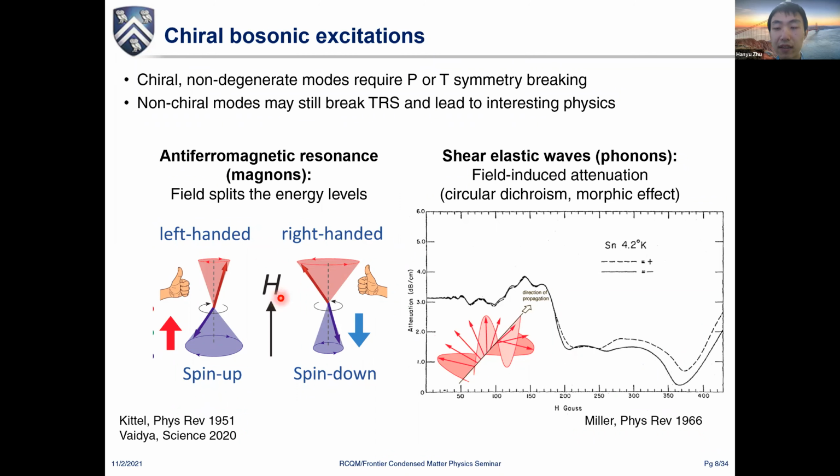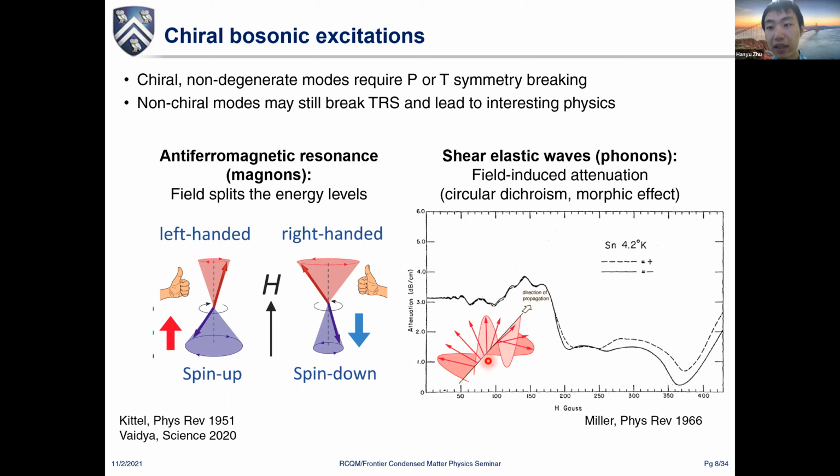Similar things happen to phonons as well. It has been known also for a long time. When people launch elastic waves, so these are ultrasounds in solids, and the sound propagates in a material that is under a magnetic field, it was found that these ultrasounds, which are shear modes whose displacement varies as a function of time, are rotating when they're propagating like this.